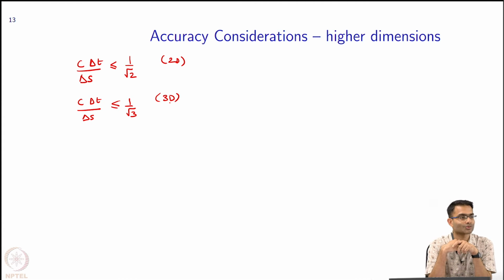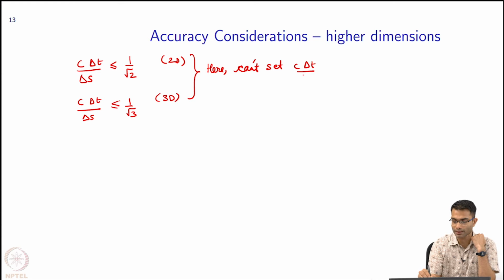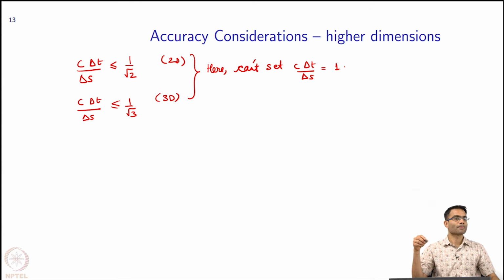Now I can't choose C delta t equal to delta s because it has to be less than 1. So here I can't set C delta t by delta s equal to 1. Why? Because if I do it, I won't get a wave-like solution, it's an unstable situation.